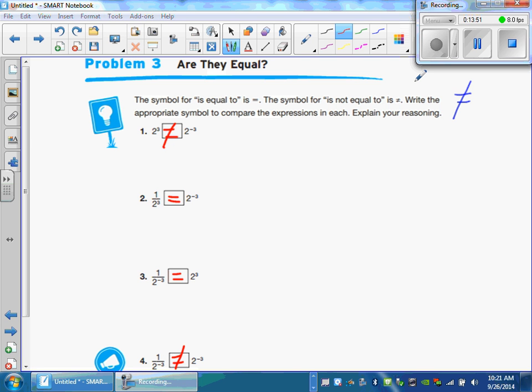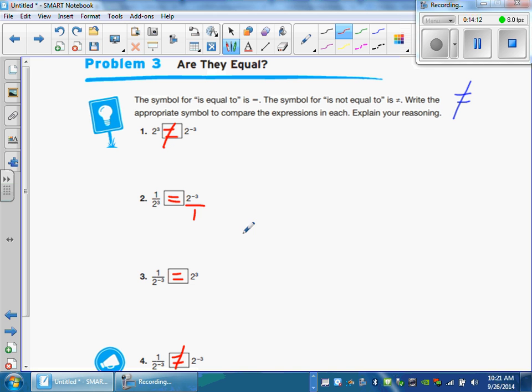All right, here are your answers. In number 1, they are not equal to each other because a positive exponent is going to be a bigger number than a negative exponent. Number 2, they are equal to each other because this is what was really going on there.